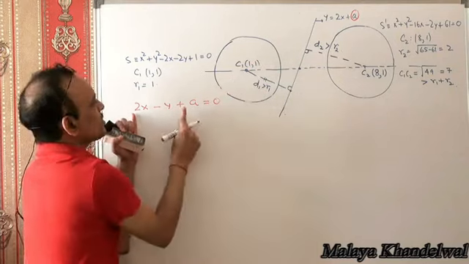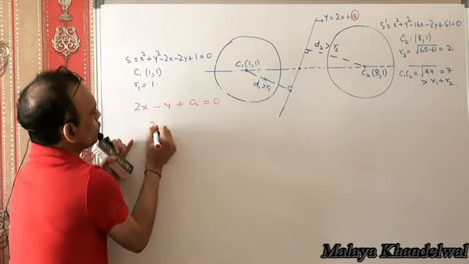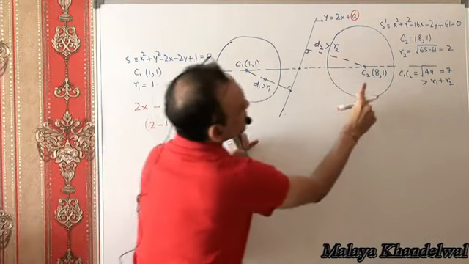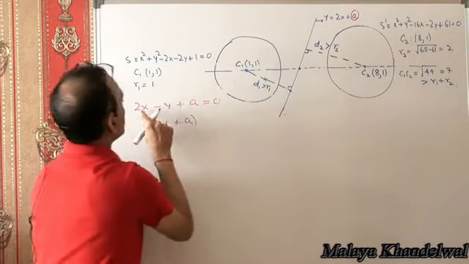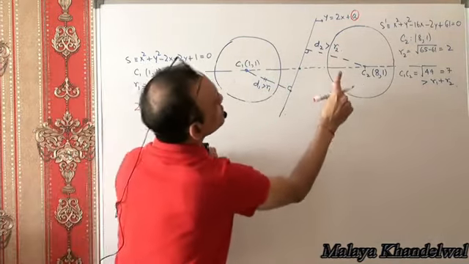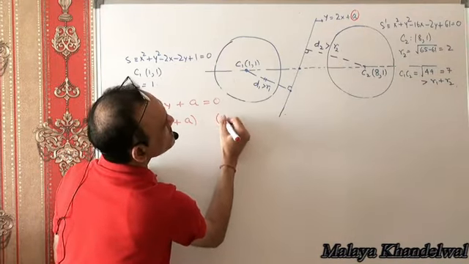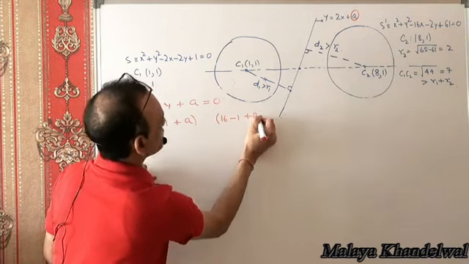What does (1, 1) do to this expression? It produces a value 2 minus 1 plus a. What does (8, 1) do to this expression? It produces a value 16 minus 1 plus a, right?